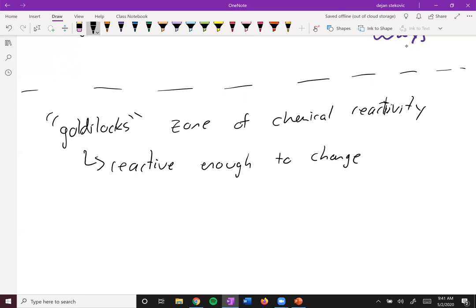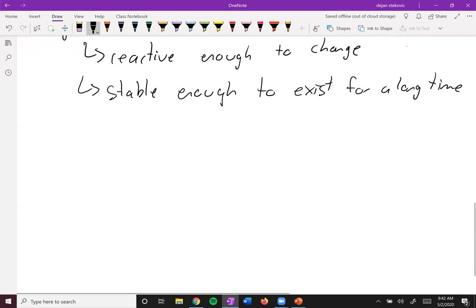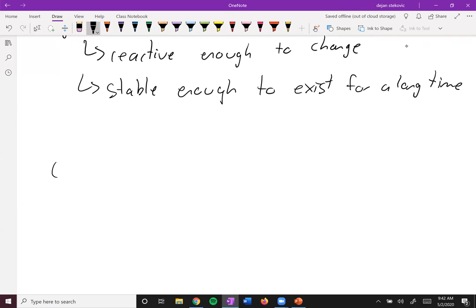We can take some compound of carbon and make it into something else, but at the same time, it's stable enough to exist for a while. So as soon as you make some kind of new product, it doesn't just fall apart instantly. So let's take a look at an example of that.